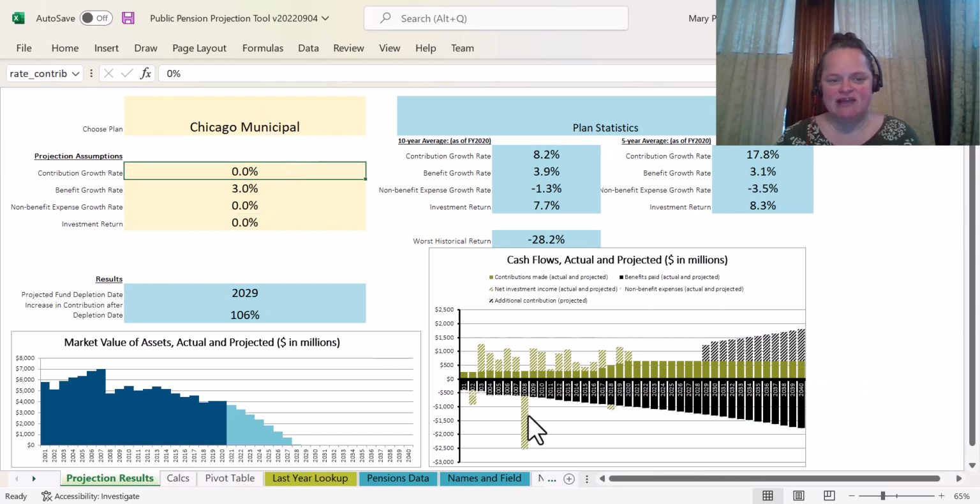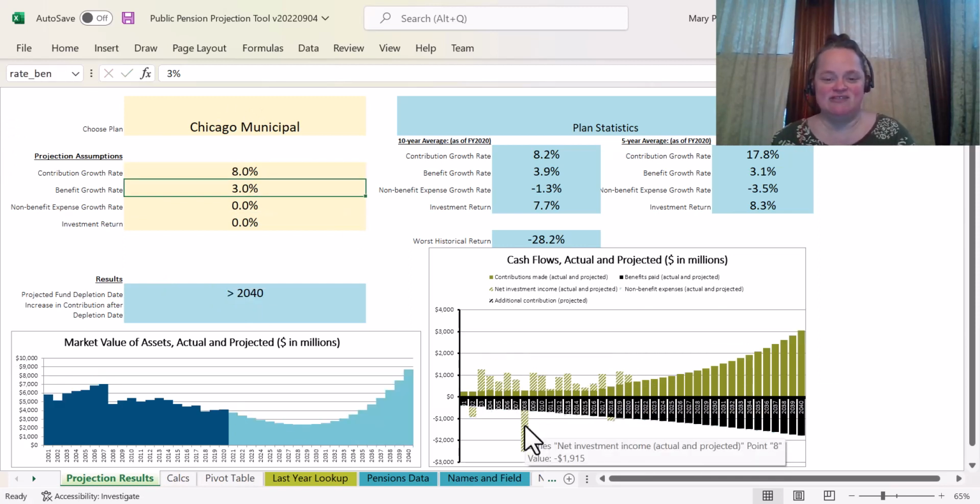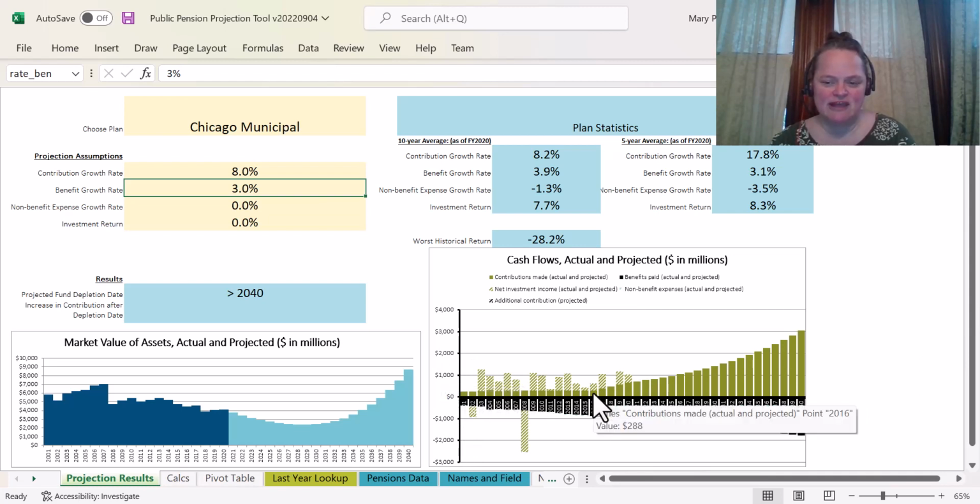And the question is, how sustainable? I'm going to do 8% because 17% is terrible, there's just no way they can maintain such a growth rate. You look at these contributions. Remember, this is in millions, so this 1,000 here is 1 billion. So they're going from 288 million.